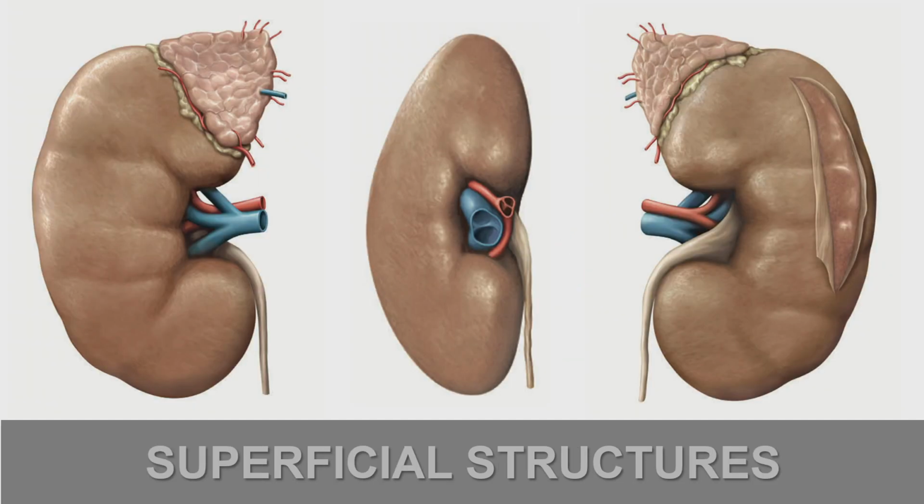The kidney itself is covered by the fibrous capsula, which could be detached from the renal parenchyma. The kidney has a bean-like shape.